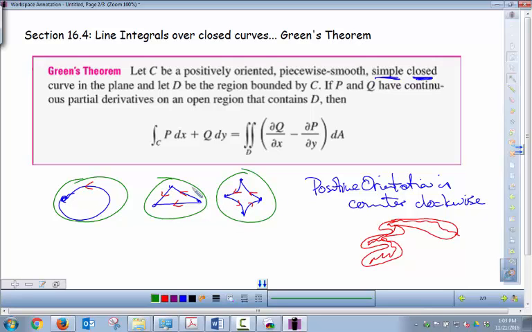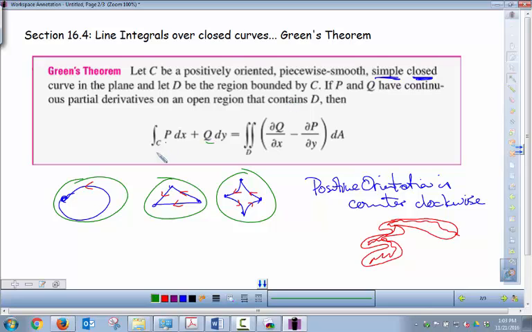I'm going to want the functions P and Q to be continuous in that domain. When we talk about a domain, we talk about a two-dimensional region, and we just want to make sure that the functions P and Q are continuous and differentiable on that region that contains the closed curve that we're talking about.